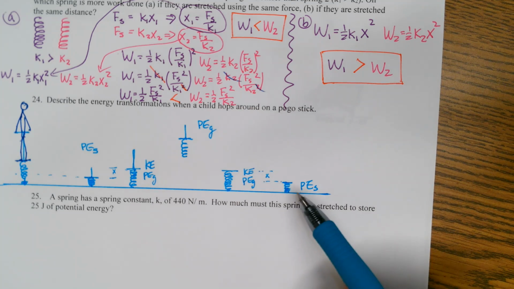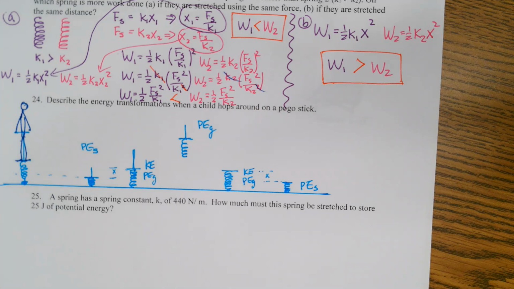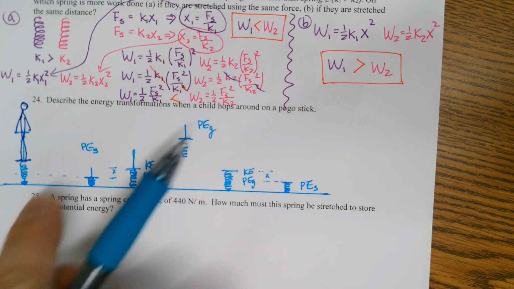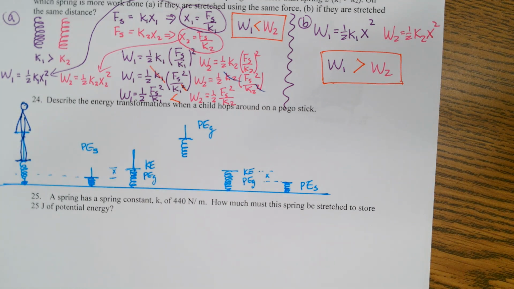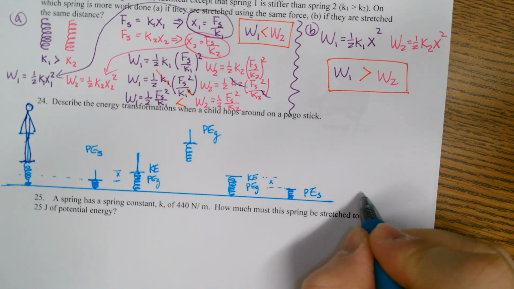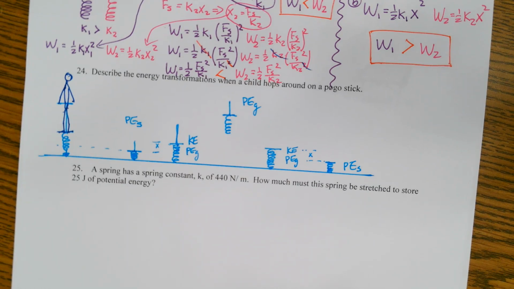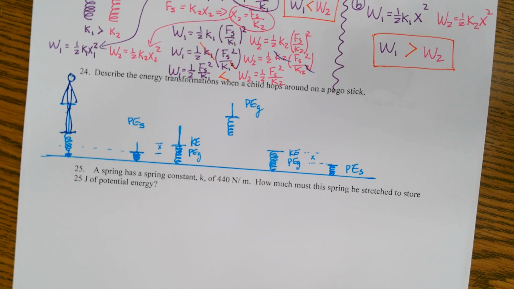Then we have total potential energy of spring, no kinetic energy, when it comes to an instantaneous stop, okay, and so on. Hope that illustrates what I'm talking about. All right, good.